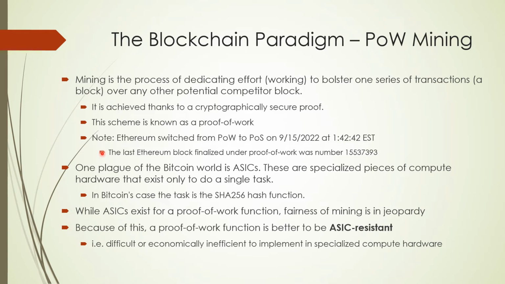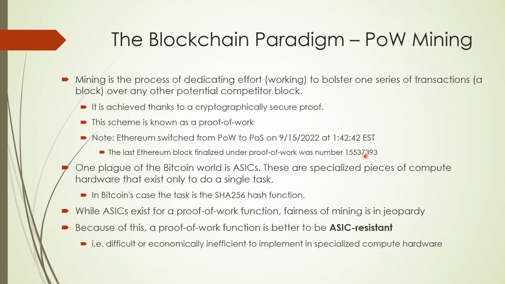And the last Ethereum block finalized on their proof of work was this number. So as you see, we had about 15.5 million blocks finalized on their proof of work. But after that, Ethereum has switched to a more environmentally friendly and, let's say, greener way called proof of stake for mining.